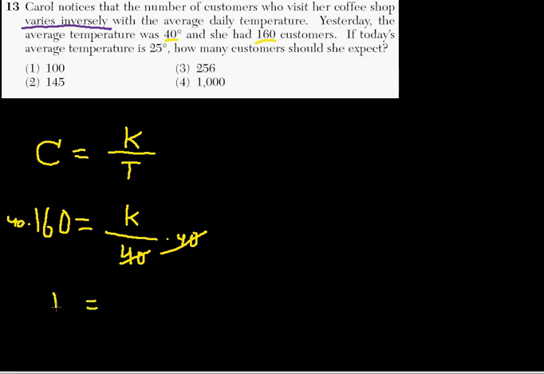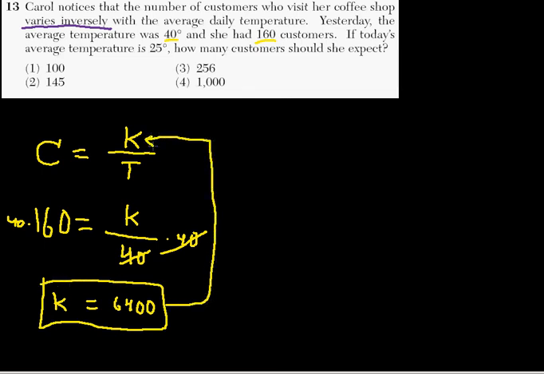And we have the constant equals 40 times 160, which is 6,400. So now we have the constant. Now that we have this constant, it's going to go right there, and we can solve this for C or T if we're given one or the other. And in fact, we're given the temperature, and we're asked to solve for the customers. So we can do this.